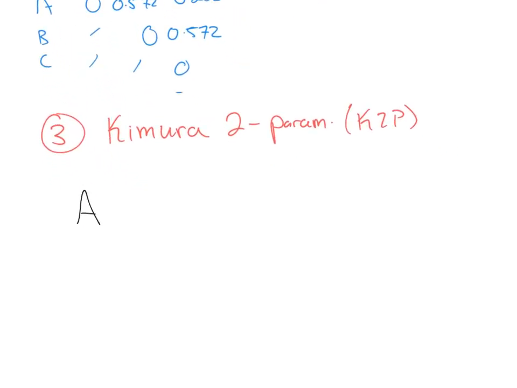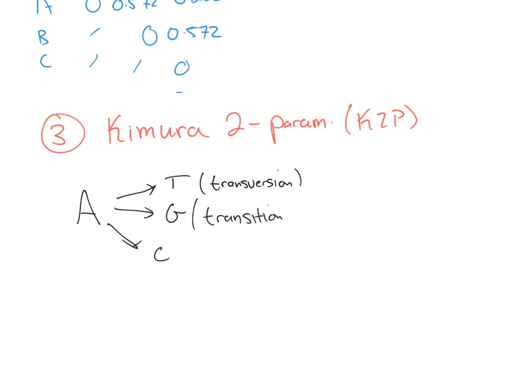So let's say we have an A. An A can go to a T, it can go to a G, it can go to a C. But now we're going to take information about how, for example, A to T is a transversion, and A to G is a transition, and this is a transversion.